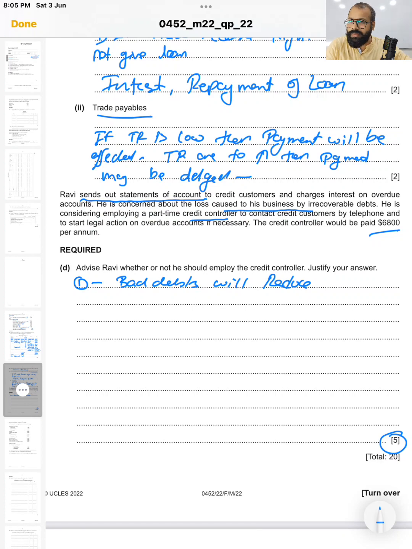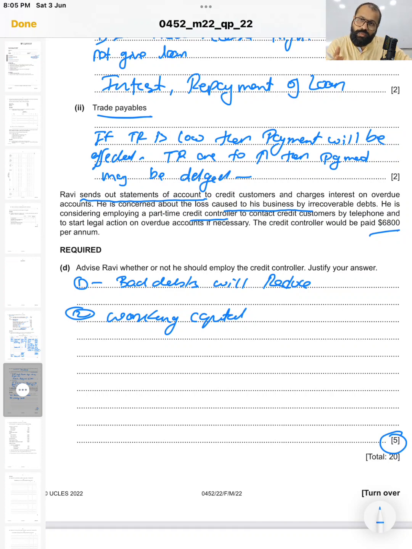People, if you contact them regularly for payment, you may receive the payment on time. So less bad debts. Second point we can go for, he will have enough working capital. Since he is having cash flow, he will not face a problem of working capital.